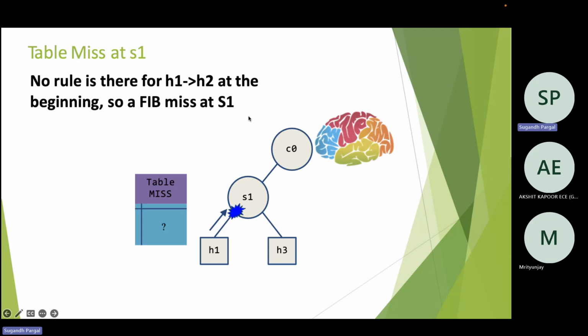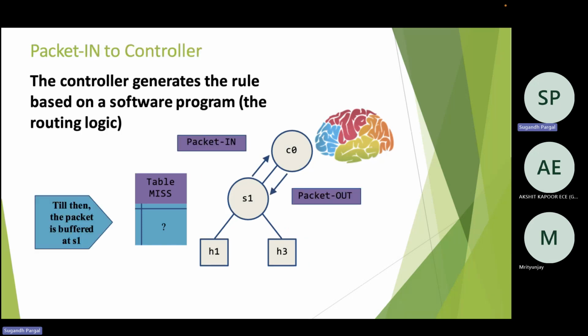Initially there is no rule in S1 on how to reach from H1 to H3. That leads to a FIB miss at S1. So S1 asks the controller, which generates the rule based on the software program, that is the routing logic.